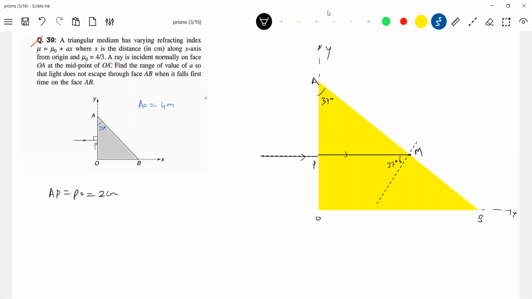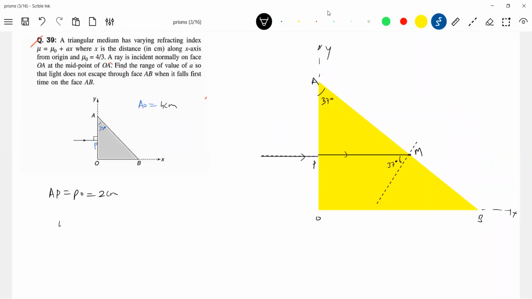All the distances are in centimeter. Take it like this, AP is equal to PO is equal to 2 centimeter. So from that, we'll get the distance.